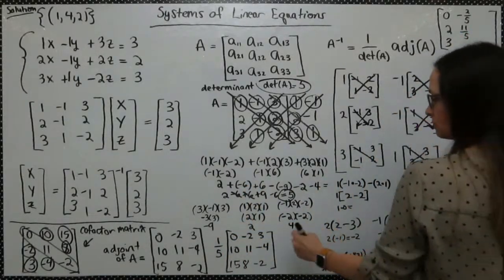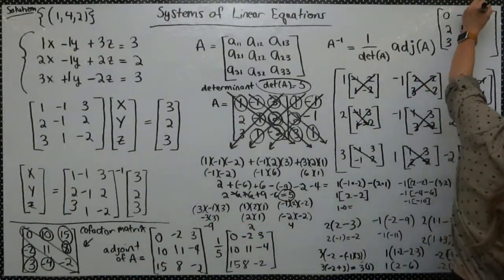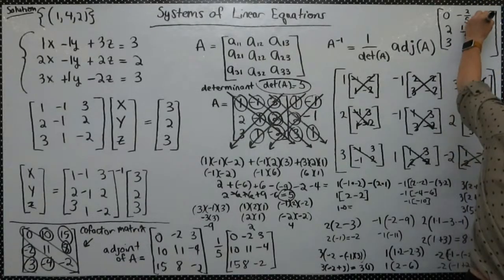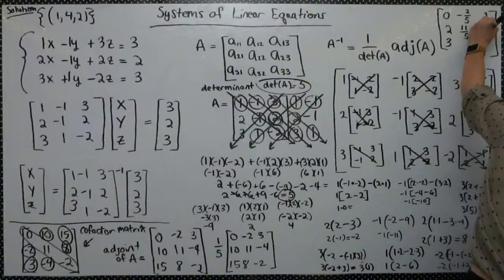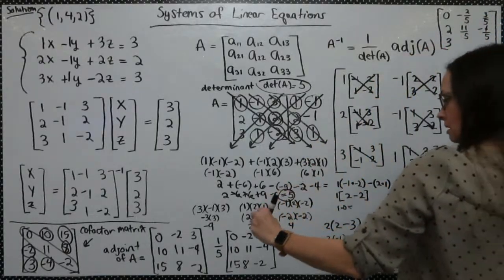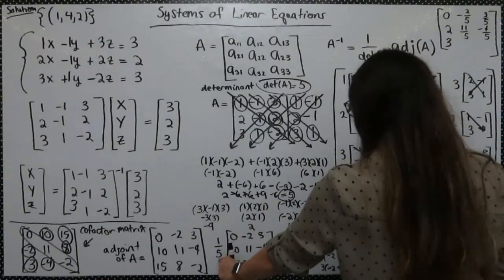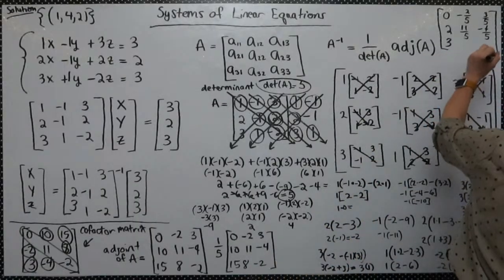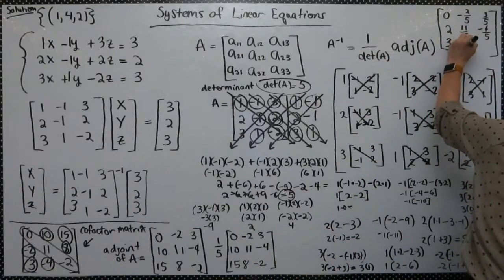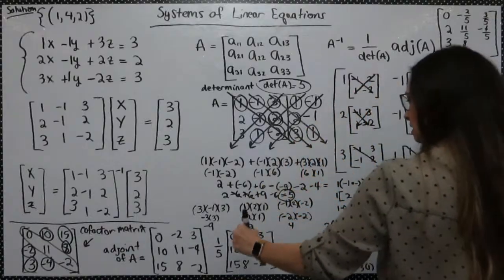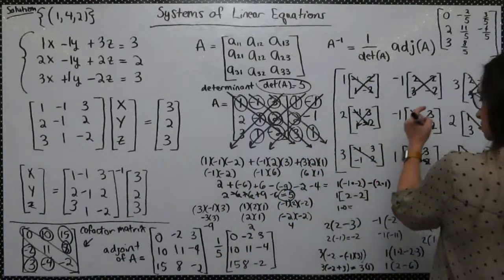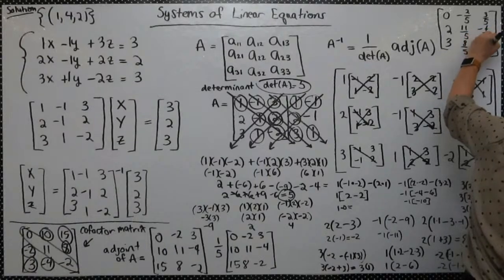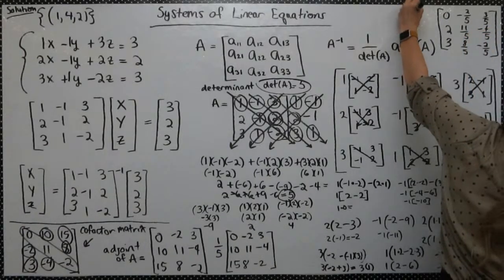Wait, we're going to do 3 first. 1/5 times 3 is 3/5. And then you've got -4/5. And then 1/5 times 8 is 8/5. And then 1/5 times -2 is -2/5. So here's the A inverse.